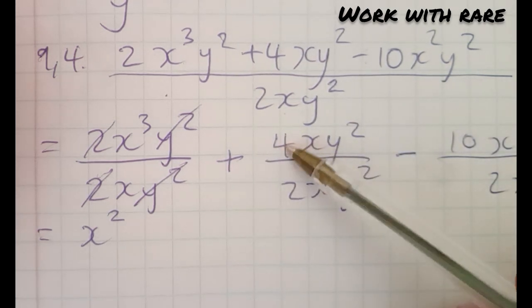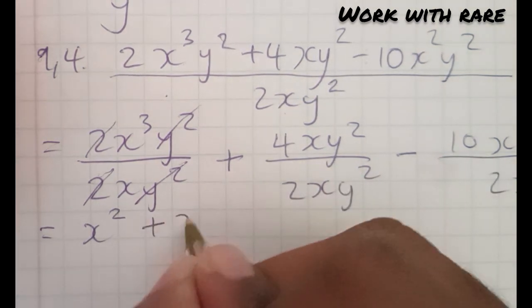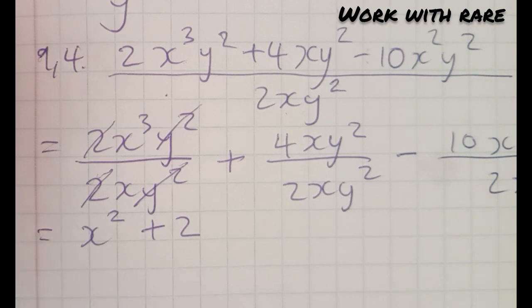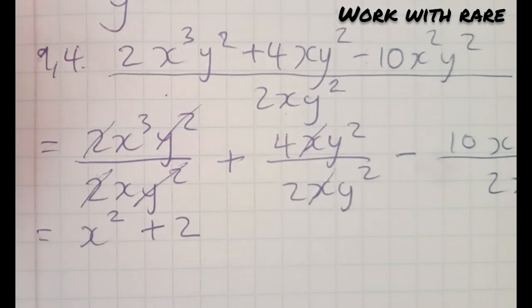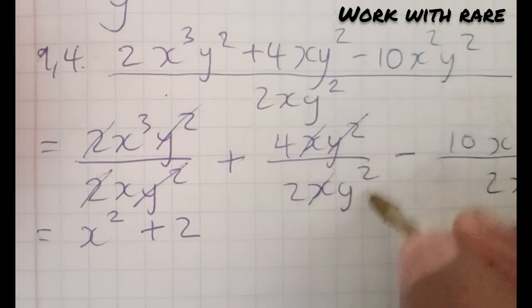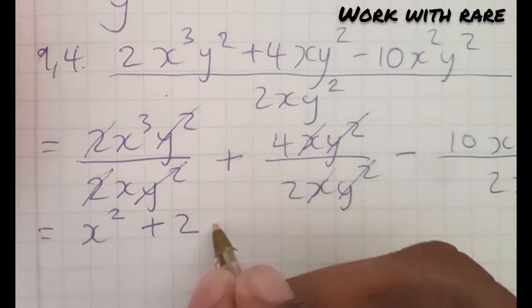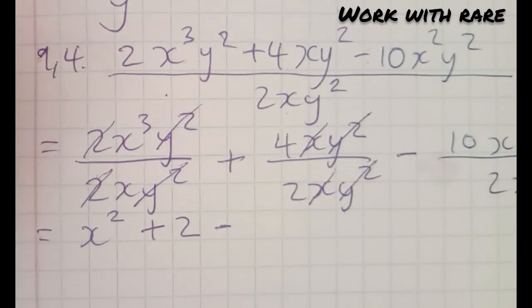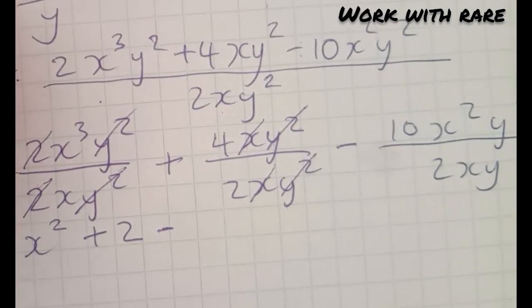Now we should focus on this part. 4 divided by 2 is 2, so I write my 2 here. This x cancels this x because it's x in our denominator and in our numerator, same as y. We have y squared, so they cancel each other, so we are only left with 2. Remember, here we have minus 10 divided by 2. 10 divided by 2, it's what?